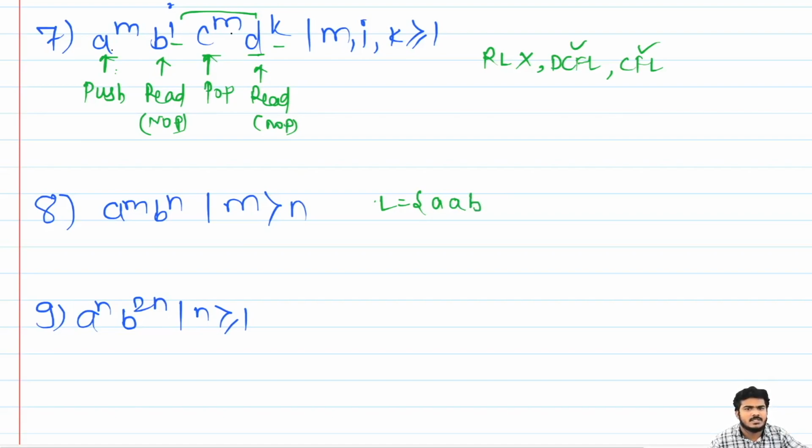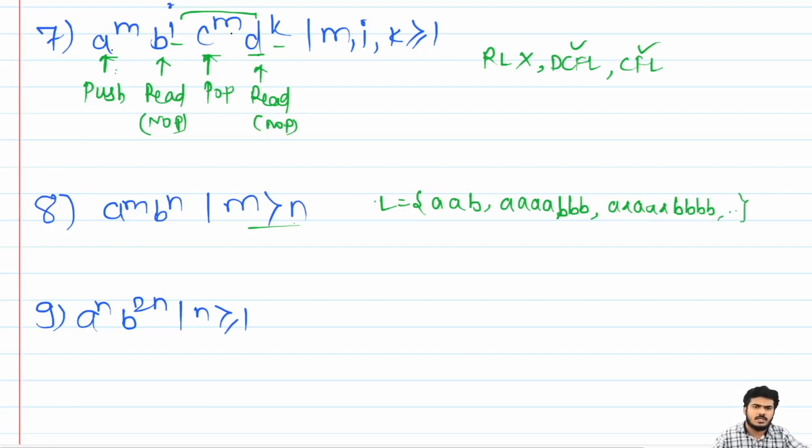So when there are four a's, b will not exceed 3, because compulsorily we need more a's. Similarly, if there are 5 a's, then 1 b is possible, no problem, but it will not exceed 4.